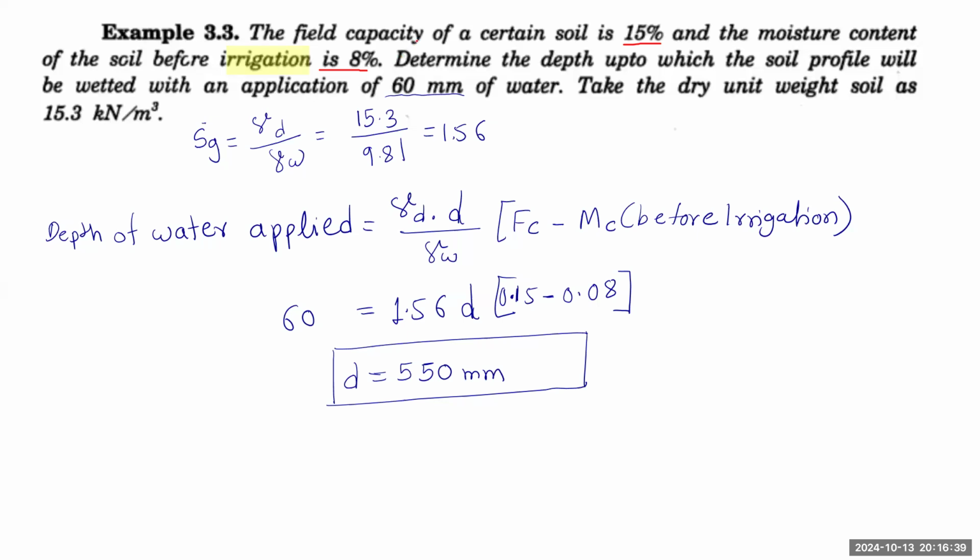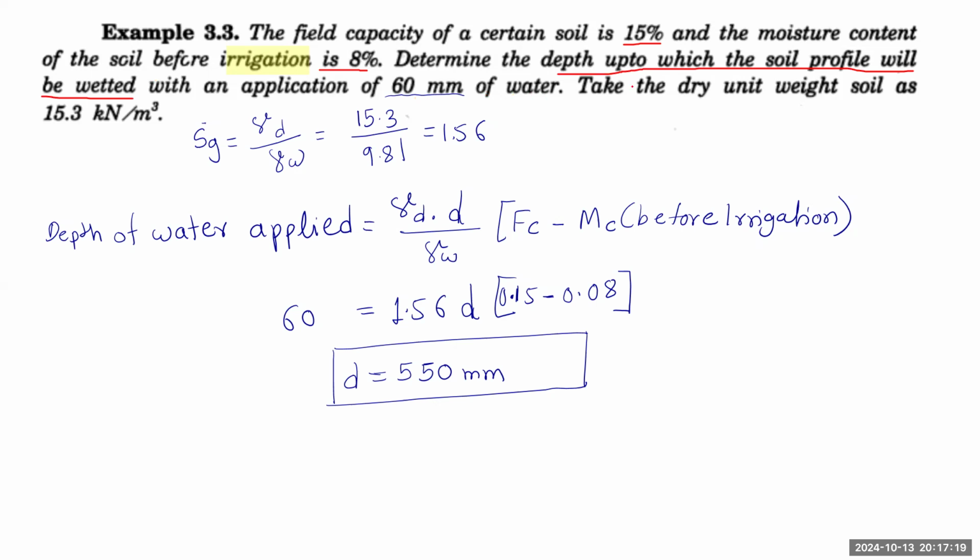Determine the depth up to which the soil profile will be wetted with an application of 60 mm of water. We have to find the depth of root zone, and for that the application of water dW is given as 60 mm.